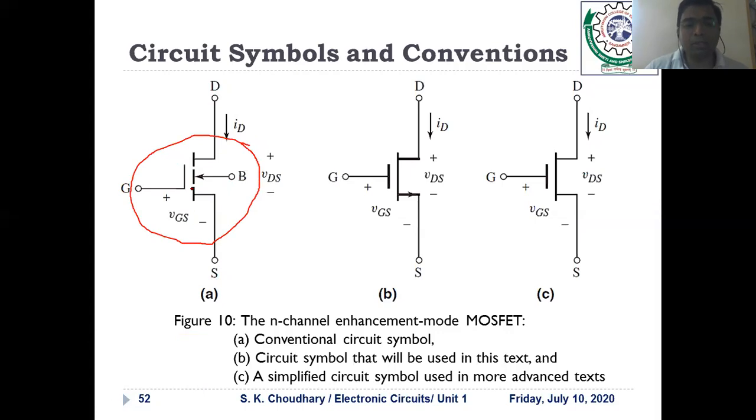That's why this gap is here. Similarly, as it is an enhancement type MOSFET, the drain, source and substrate are not connected to each other; there is some isolation in between. That's why dashed lines are used, because it is enhancement mode. If it is a depletion mode, then there is a straight line.